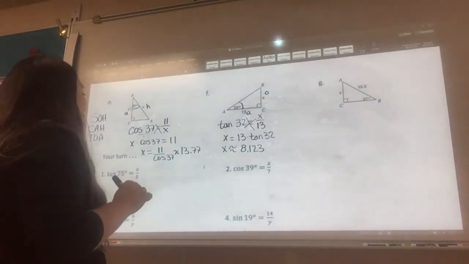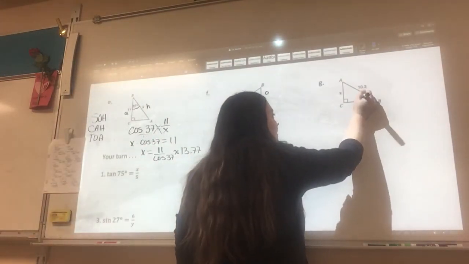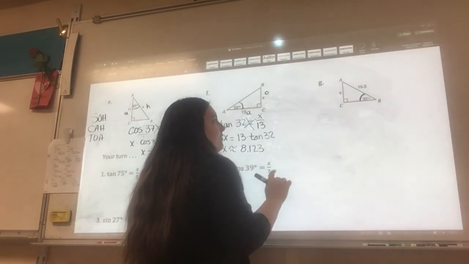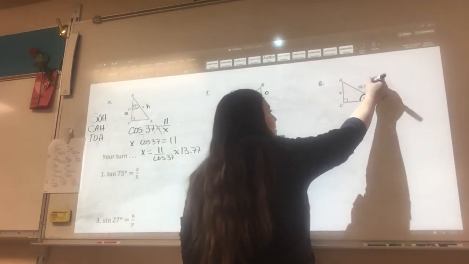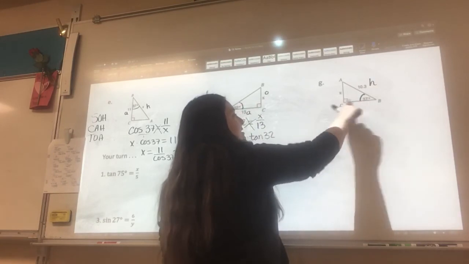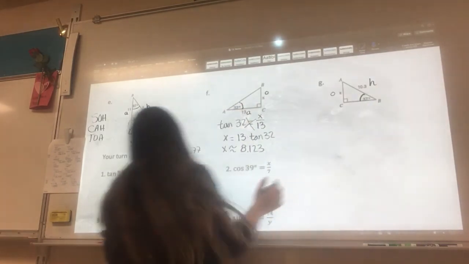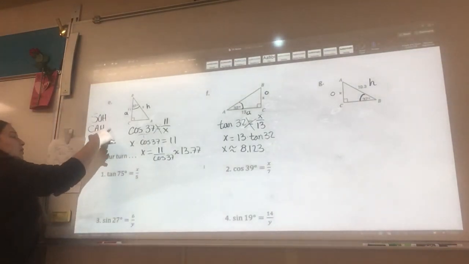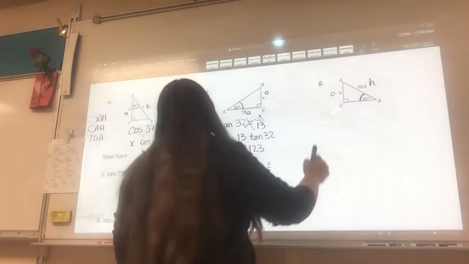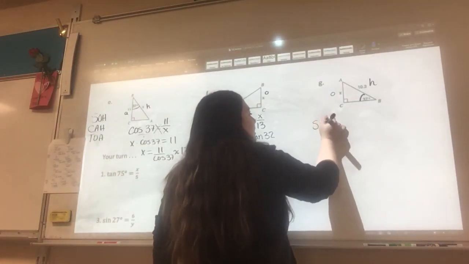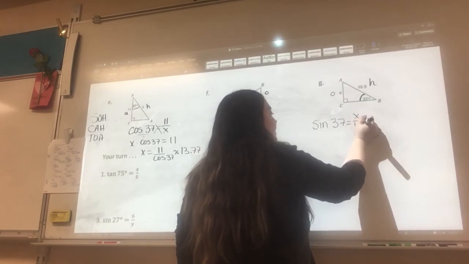Our last one before it is your turn, we're going to see that the angle we are looking at is angle B of 37. We have our longest side opposite of the 90, so our hypotenuse, and the side opposite of the angle we're looking at is opposite. Going back over here, we have SOH and TOA. So SOH. That means we are going to be looking at sine of 37, which is opposite over hypotenuse.